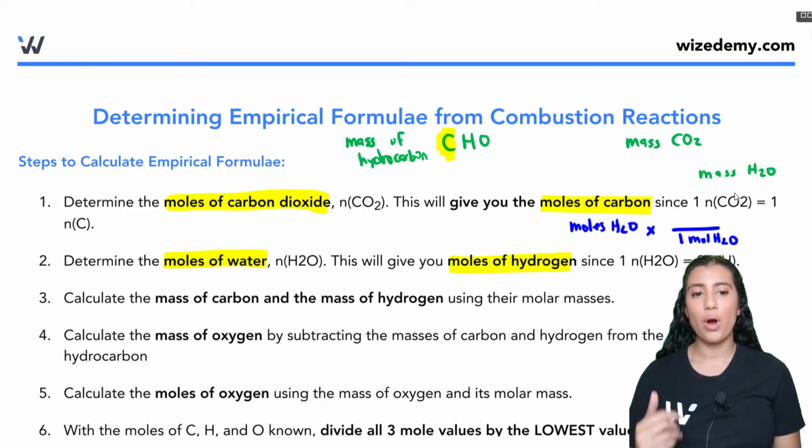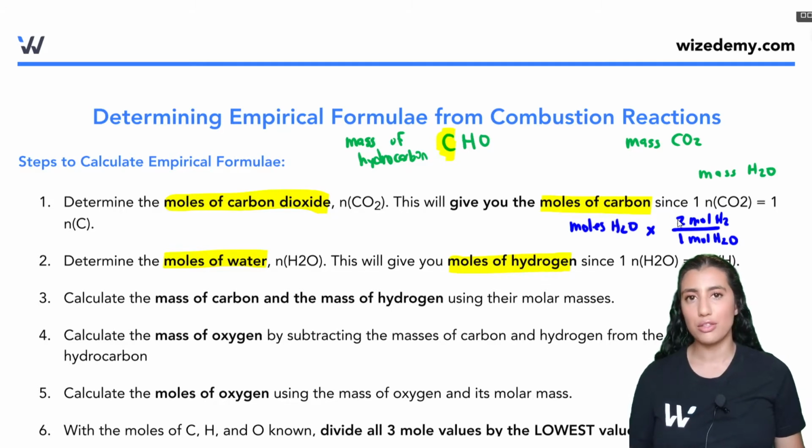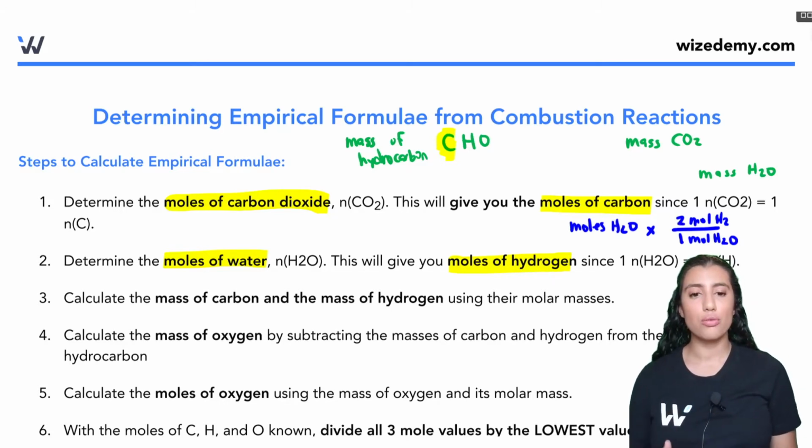For every 1 mole of water, there are going to be 2 moles of hydrogen, because there are 2 hydrogen atoms in each water molecule. So using the moles of water, we're still going to be able to get the moles of hydrogen by multiplying by 2. So we've now figured out the moles of H here.